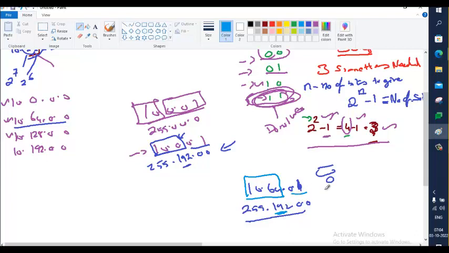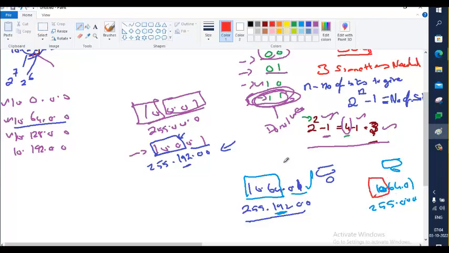There's a big difference between this one and this one. For this one, the default mask is 255.0.0.0. Though the IP address looks the same for both computers, the meaning is different. Here the meaning is 10th network.